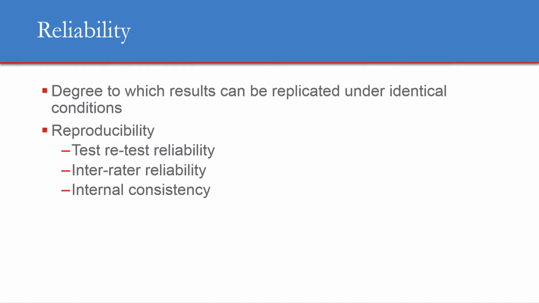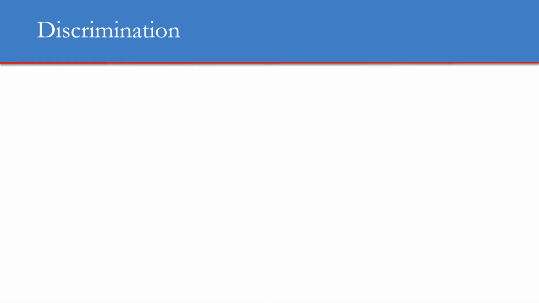Internal consistency reliability is a measure of inter-item correlation and indicates how well the items on a scale measure the same construct. This is commonly estimated by the Cronbach's alpha reliability coefficient. The next characteristic of a good outcome measure is discrimination.